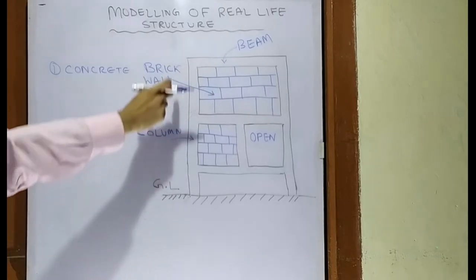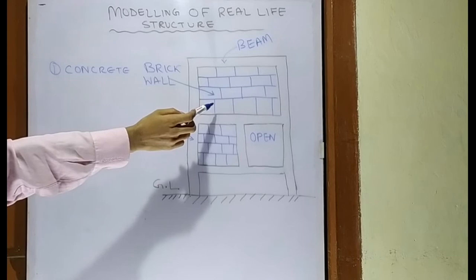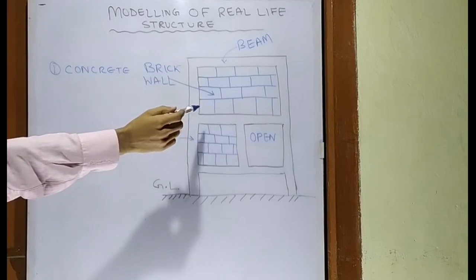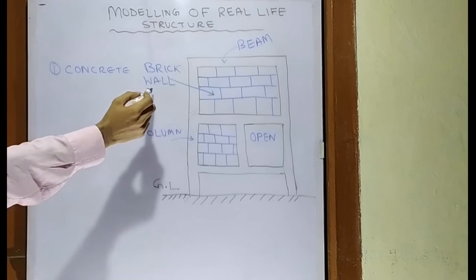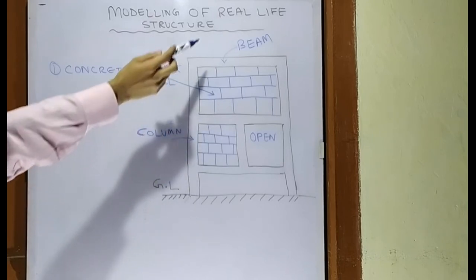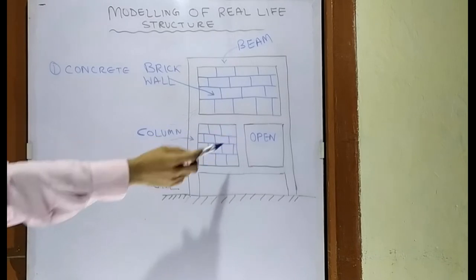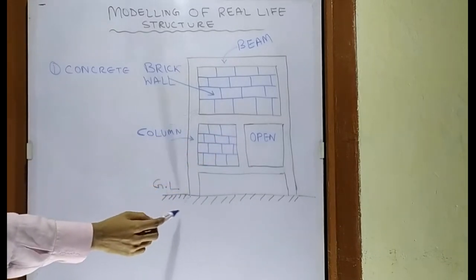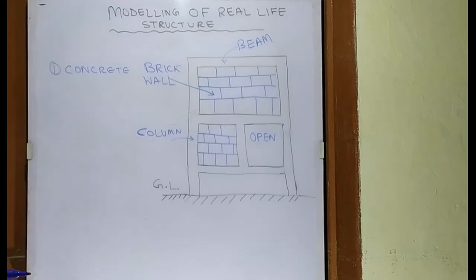This is a column, this is a beam, and we have used a brick wall, which is commonly used in construction for partitions or many other purposes. There is an opening where there is no brick wall, this is the open space, and this is the ground level. So this is the elevation of a frame structure building.